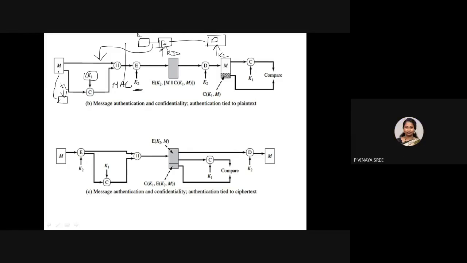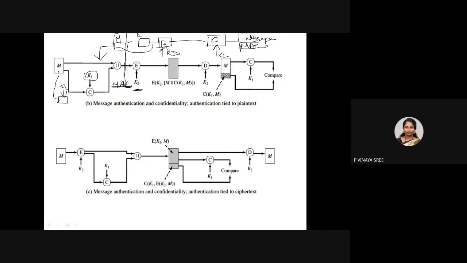After decrypting, what will the receiver get? One side is the message, and the other is appended with a MAC. Try to concentrate. The sender sends the message with the MAC appended.